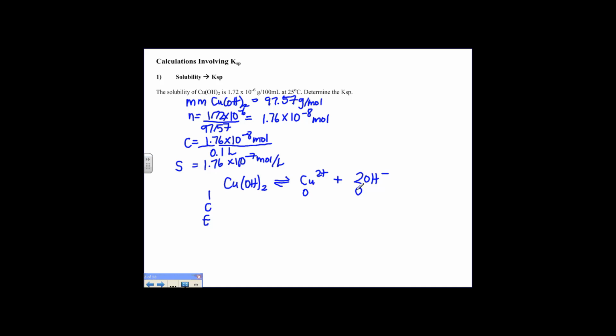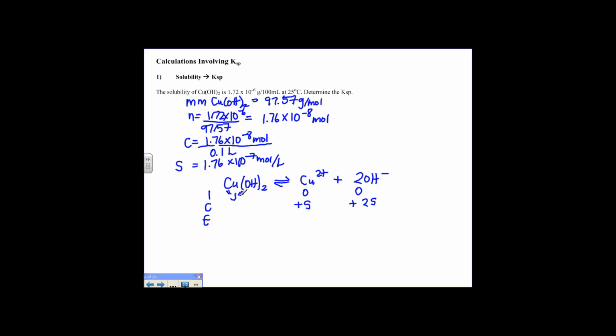And what we do when we study solubility equilibrium, instead of using X, we use S to describe the changes. So this is increasing by S. And this is increasing by 2S. Because if we think about this, I'm going to put it in brackets as S because it's a solid, so we're not actually going to involve it in our calculations.